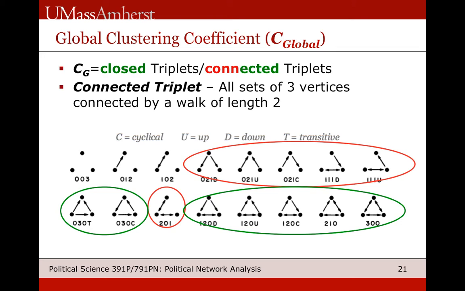In this case, we have the closed triplets indicated in green, and in red we have the 2 star triplets.